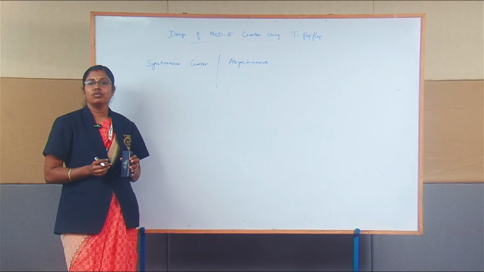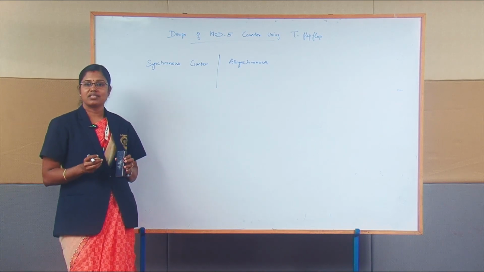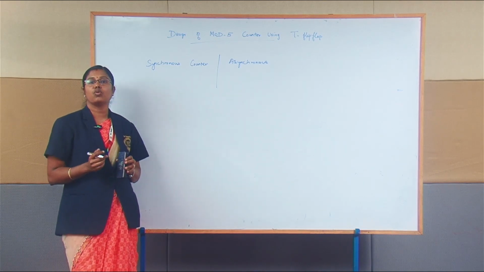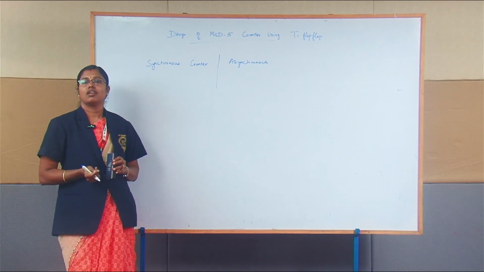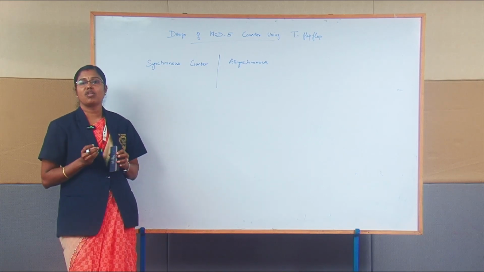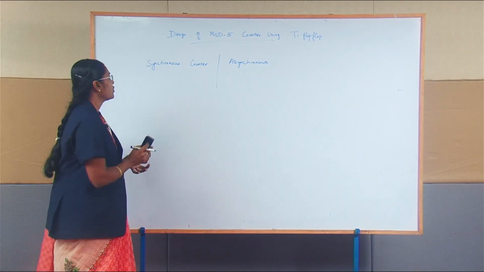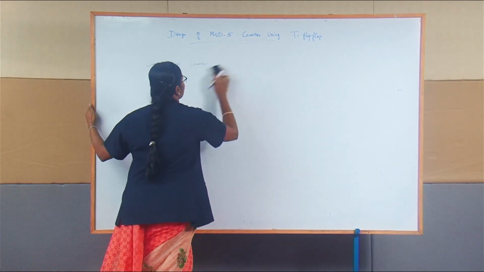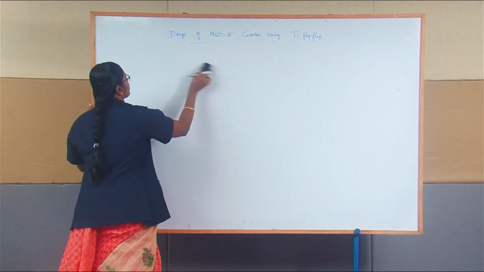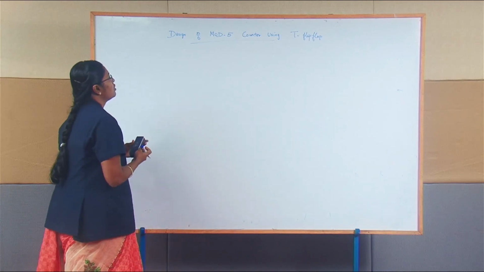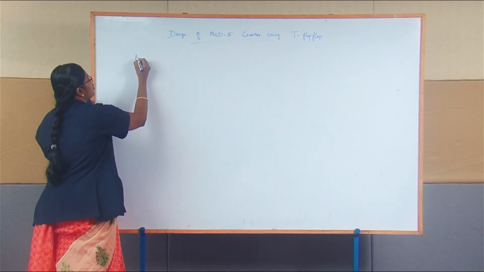So you all know a flip-flop is the basic memory unit which can store 1-bit information, right? And the basic building block for any counter is a flip-flop. So a modulus counter is also a type of synchronous counter.